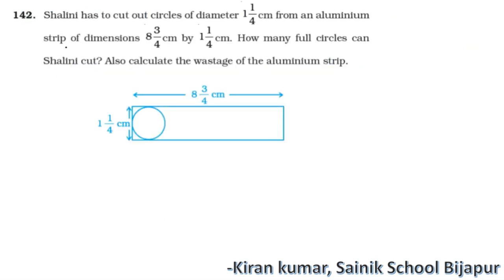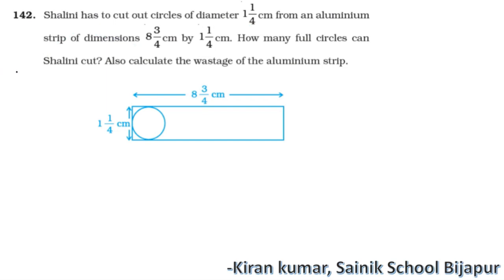Question 142. Shalini has to cut out circles of diameter 1 by 4 centimeter from an aluminium strip of dimension 8 3 by 4 centimeters by 1 by 4 centimeter. How many circles can Shalini cut? Also calculate the wastage of aluminium strip.